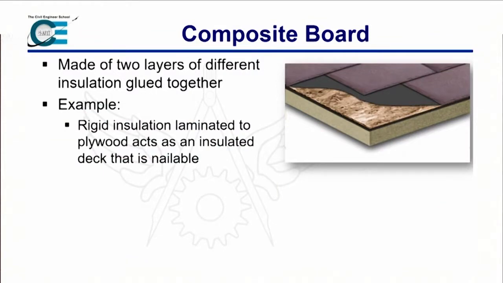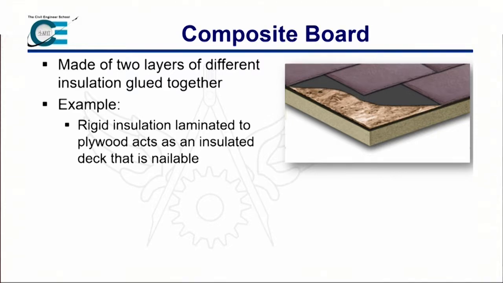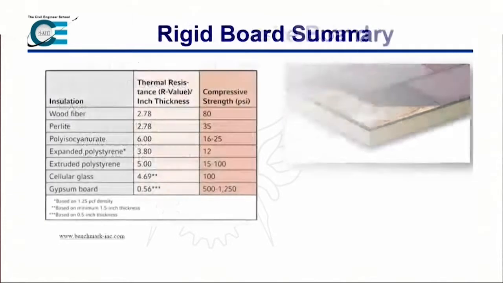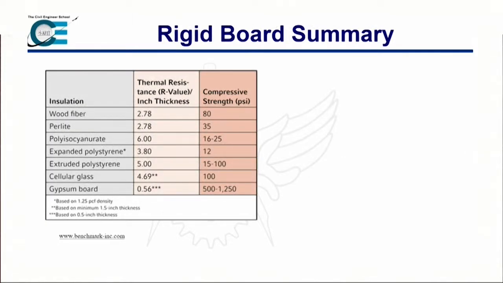And then I talked about the composite board as well, using an ISO board in conjunction with a perlite or wood fiberboard type of insulation. And this you can nail into, whereas you wouldn't want to nail in straight to the insulation.